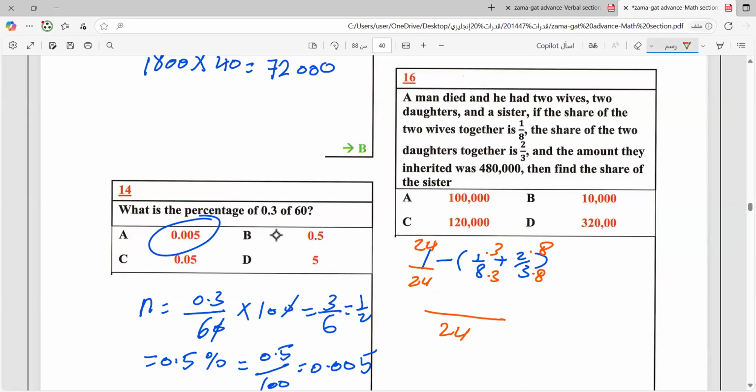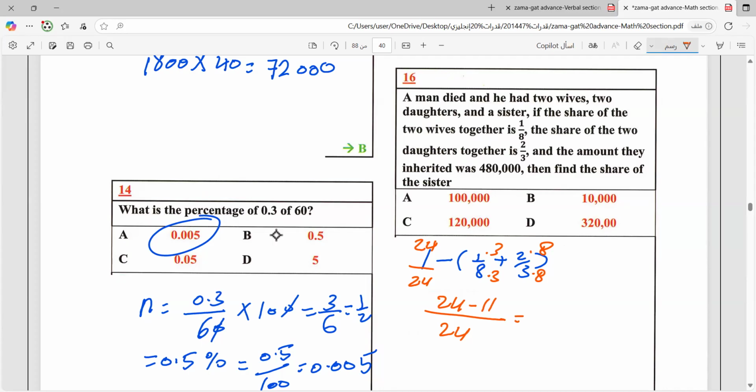So 24 minus 3 plus 8. I mean minus, because 3 and 8 together make negative 11. 24 minus 11 is 13/24.